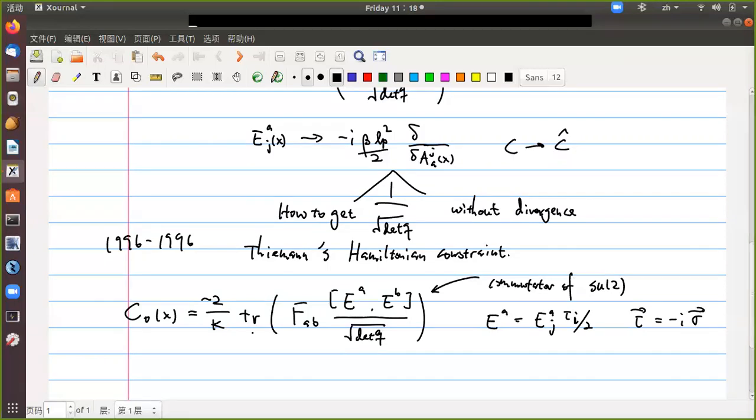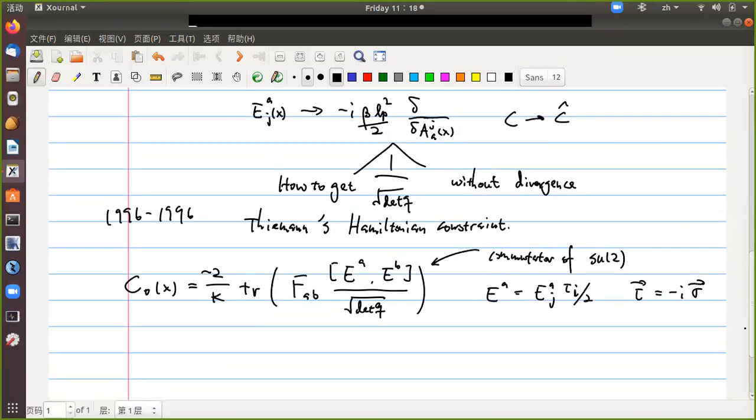And this trace is also just the trace of 2x2 matrices. So don't be confused with the operator commutator.